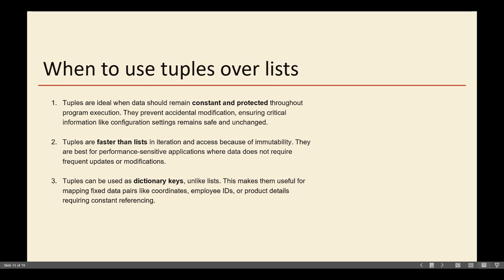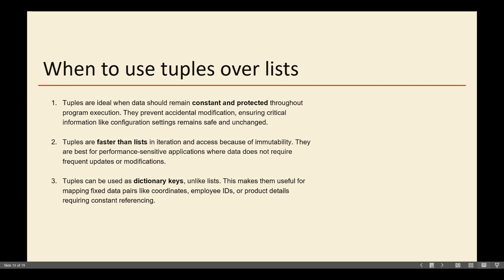Tuples being immutable can serve as dictionary keys unlike lists. This makes them valuable for mapping composite keys such as coordinates, multi-parameter combinations, or database record identifiers in fast lookup operations.